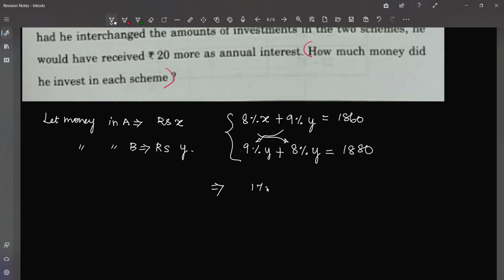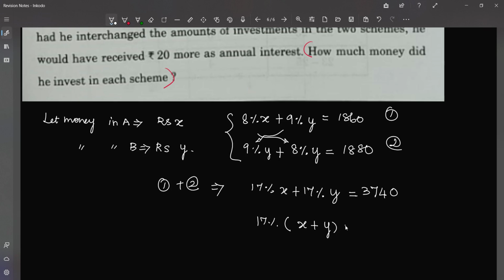So that will give you 17% of X plus 17% of Y. What I'm doing here is adding equations 1 and 2. 17% of X plus 17% of Y will give you 3740, correct? If you take 17% common, 17% of X plus Y will be equal to 3740.